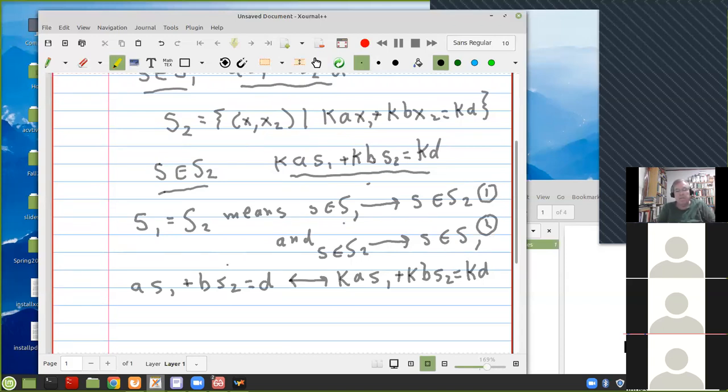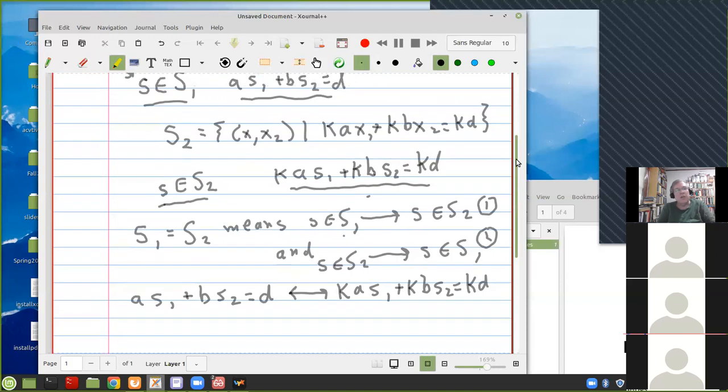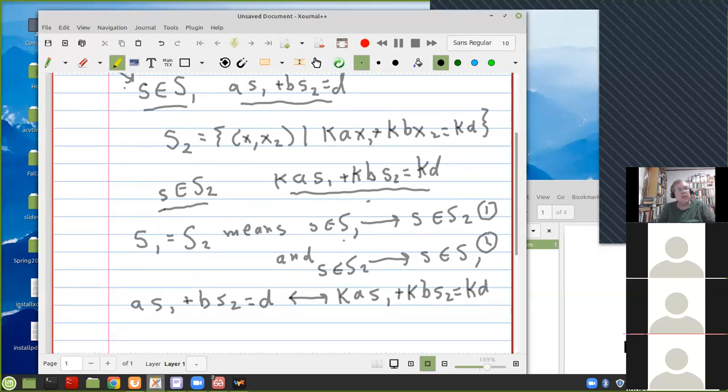I have a small question. The S1 and the S2, there are two different S's here: there's a big S which describes a solution set, and then there's the variable s. Yeah, so I'm trying to make the s lowercase. This s here is supposed to be a lowercase s, the s without the subscript.